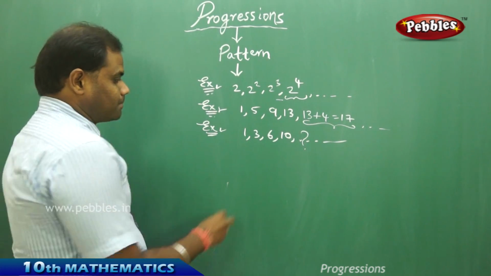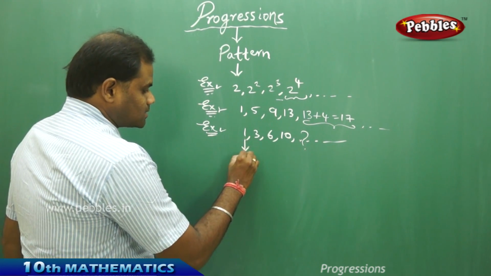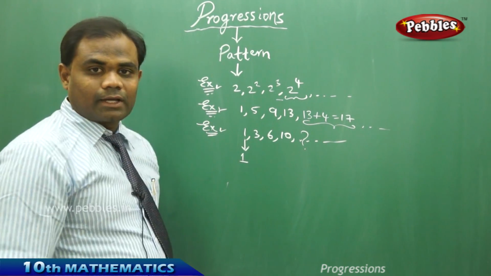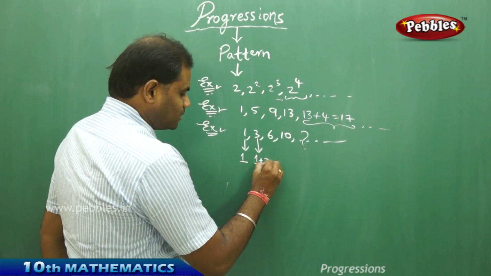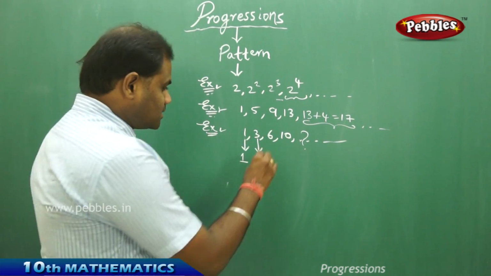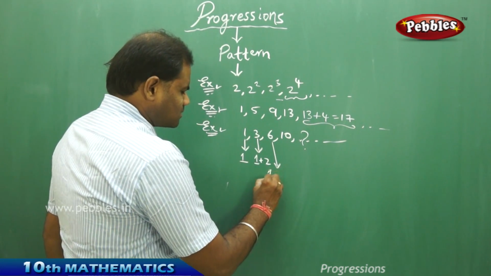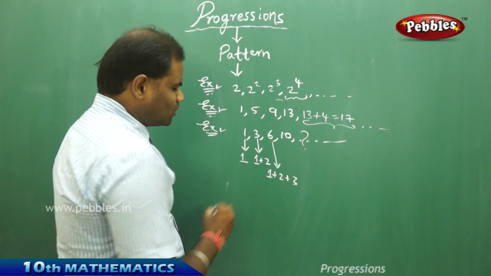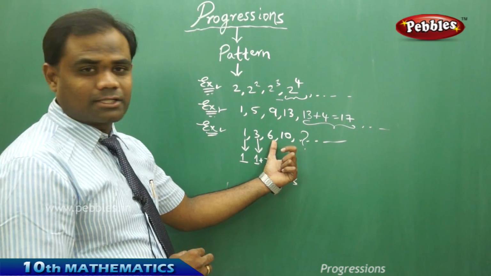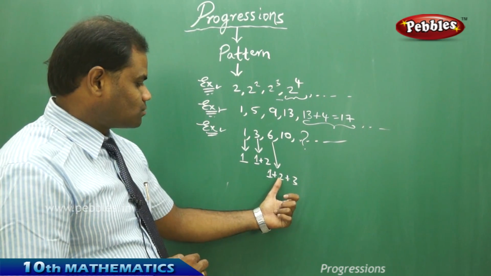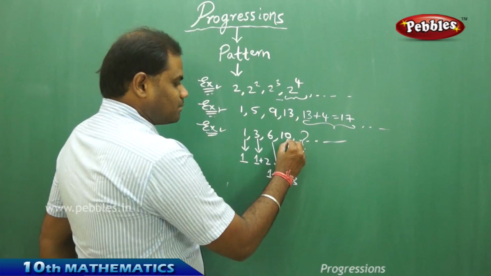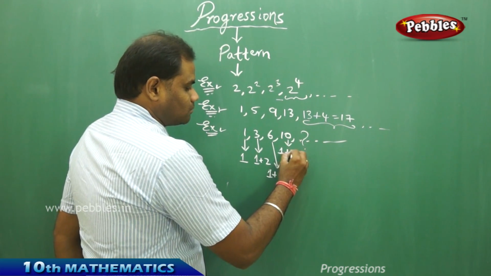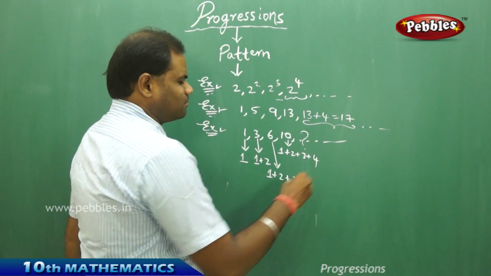So let's see here. As I see, the first term is 1, and the second term is 3, which is 1 plus 2, and the third term is 1 plus 2 plus 3, because each of the integers is added respectively in each term. 3 plus 2 is 5, plus 1 is 6; 2 plus 1 is 3, and 1. And finally, my 10 is 1 plus 2 plus 3 plus 4.